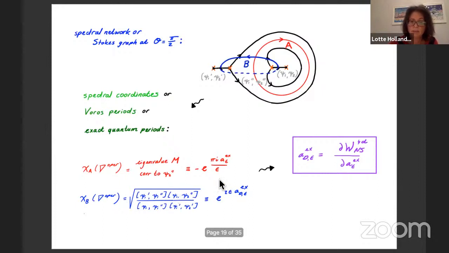Now, using the same relations as before, expressing the A and the B periods in terms of these exact Coulomb parameters A and A dual, we again find the superpotential by this relation, and that exactly gives the formula that we started out this example with.